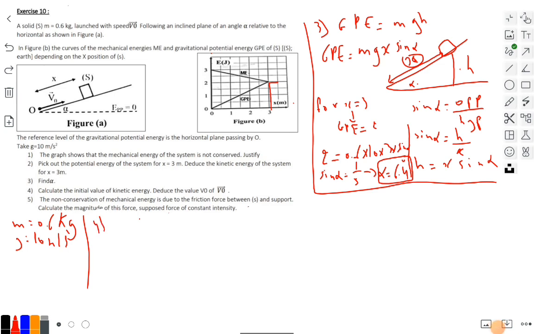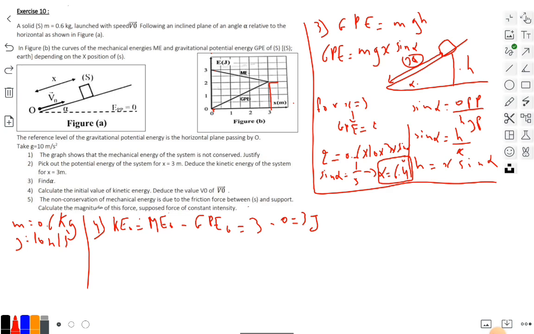Part 4. Calculate the initial value of kinetic energy. We have kinetic energy at t equals 0 is equal to mechanical energy at t equals 0 minus GPE at t equals 0. The mechanical energy at t equals 0 is equal to 3, minus GPE at t equals 0, which is 0. So the kinetic energy at t equals 0 is equal to 3 joules.